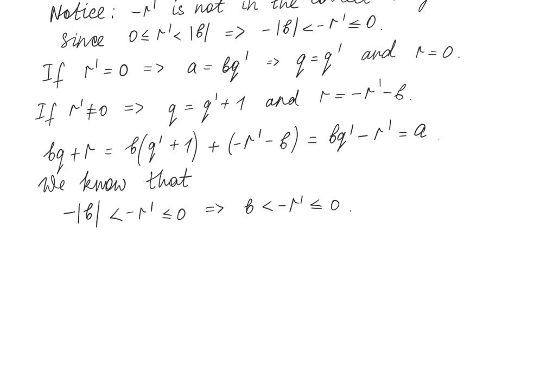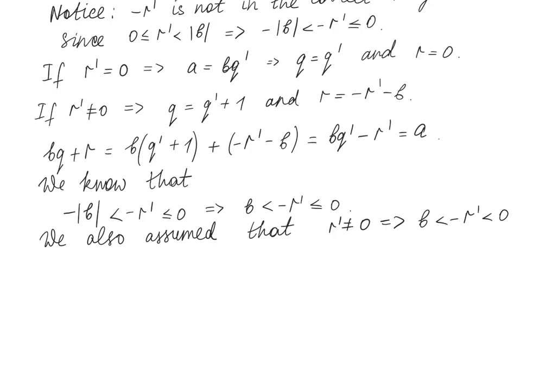Since we also assumed that r prime is non-zero, we have this: b is strictly less than minus r prime, strictly less than 0.